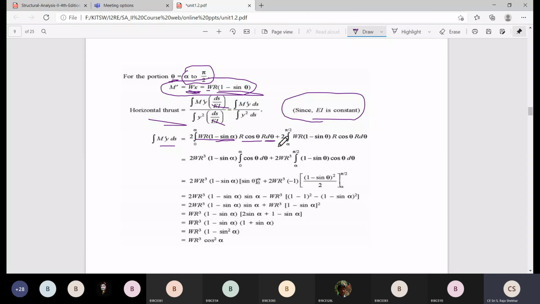So the first range is completed. The second range is alpha to 90 degrees, M dash into y into ds, where ds is equal to R d theta. Substitute it and integrate.